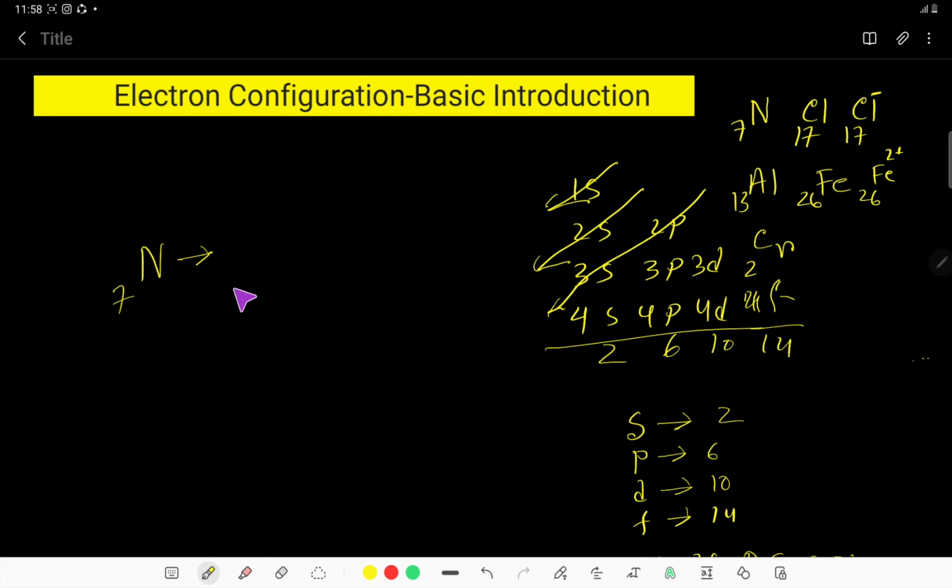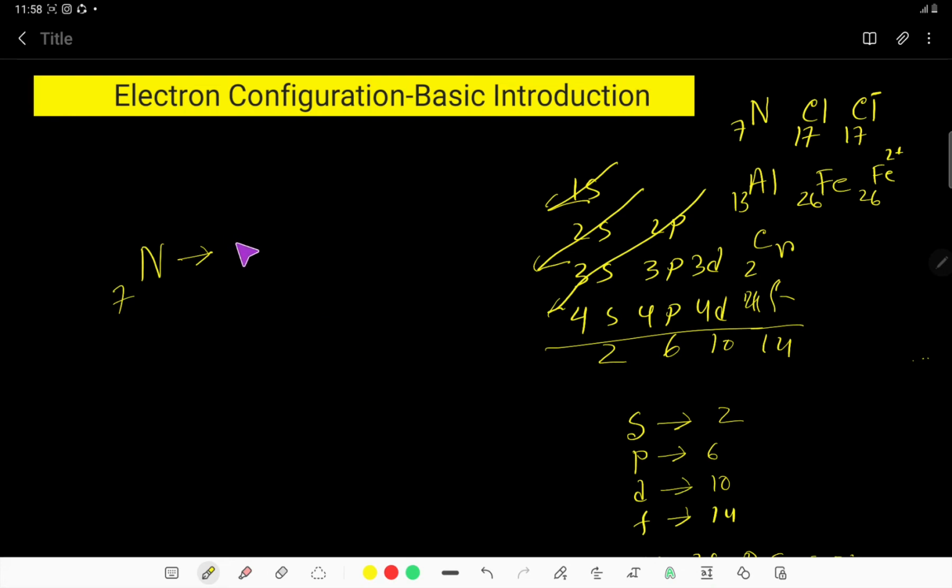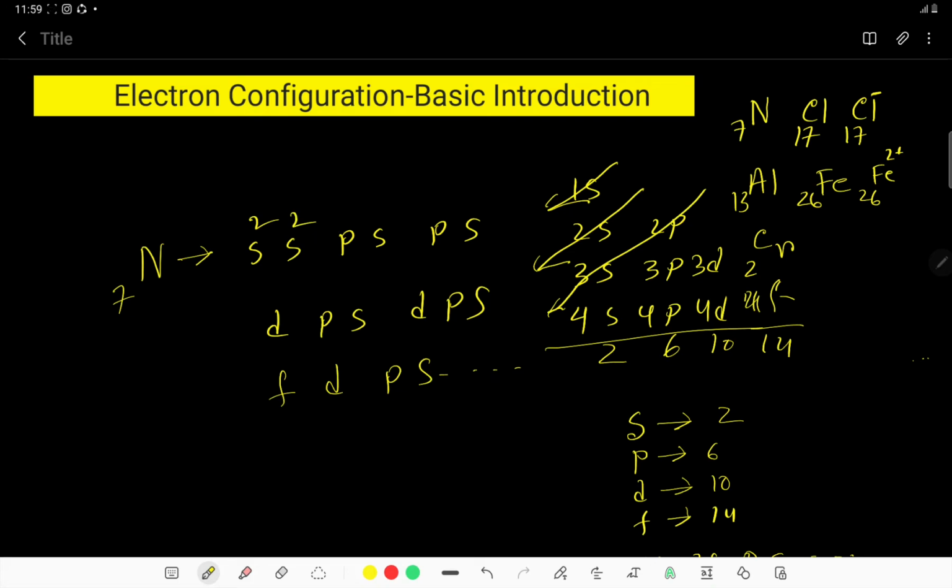In the second method, at first you have to write the sequence of the subshells: ss, ps, ps, then dps, dps, then fdps, and this will continue. So let us distribute 2, 2, 3.